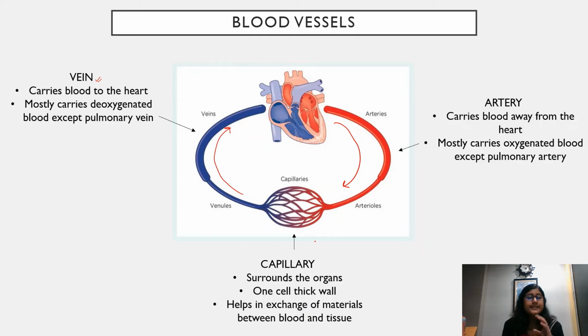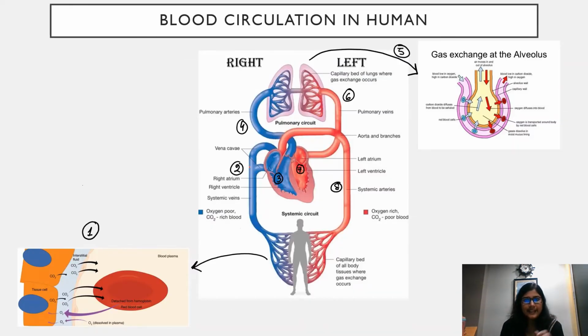Near the organs, the arterioles branch to form capillaries. The capillaries are so thin, their wall is just one cell thick, and so the exchange of material takes place within the capillary. Now let's see how the blood moves in our body.